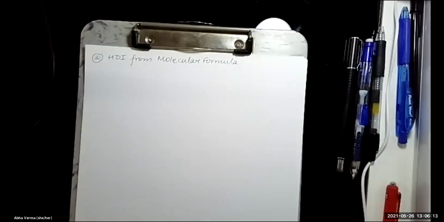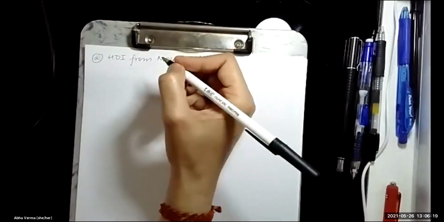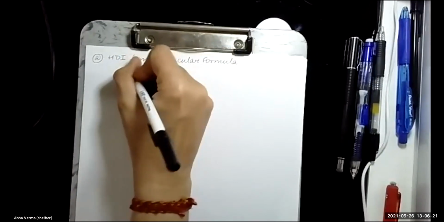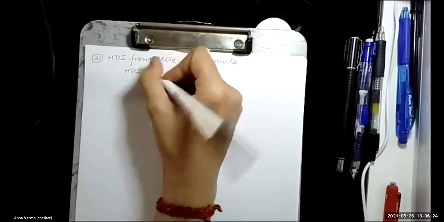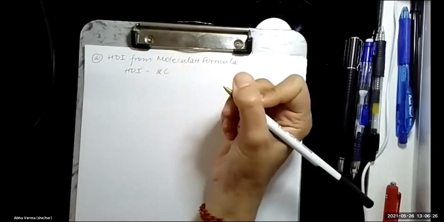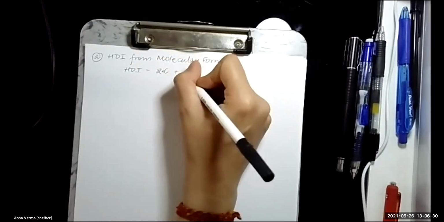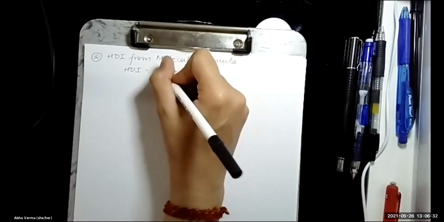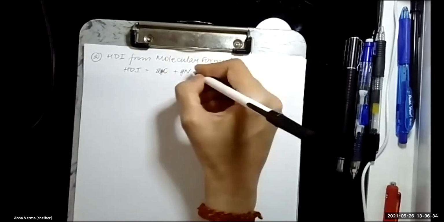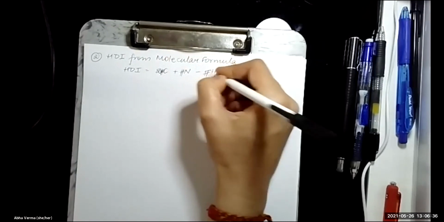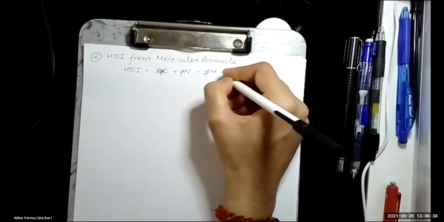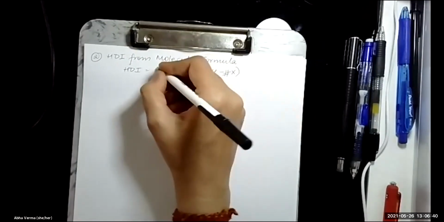So if you look at my screen now, my page now, HDI or IHD can be calculated by 2 times the number of carbons there are, plus the number of nitrogens there are, minus the number of hydrogens, minus the number of halogens.